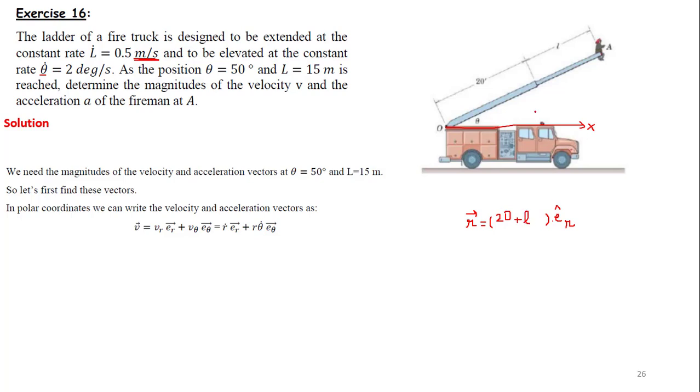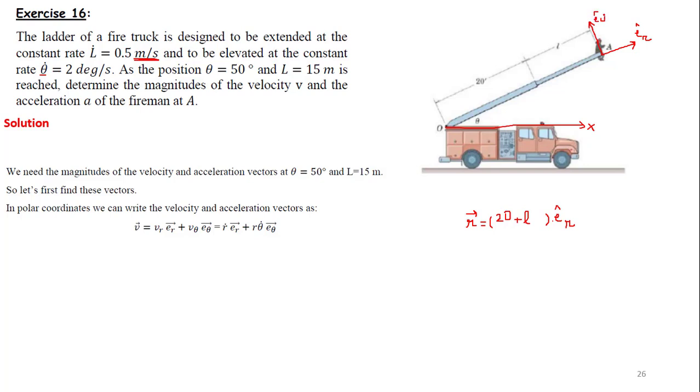And what is ER? So this is the radius. Finally, we can draw the radial direction. It's pointing toward increasing R. So this is ER. And how can we draw E theta? E theta is a unit vector which is perpendicular to ER. So it's like this, and it's in the counterclockwise direction.